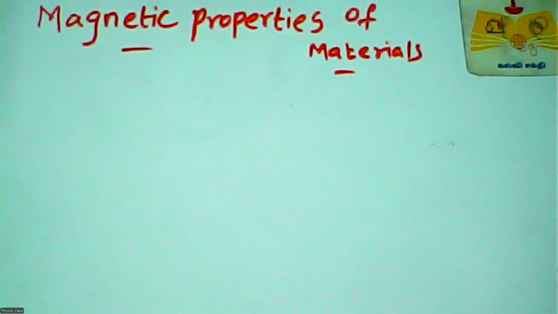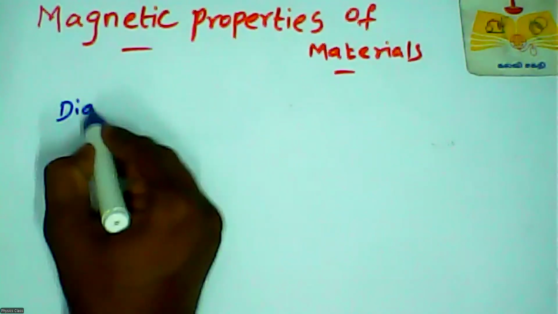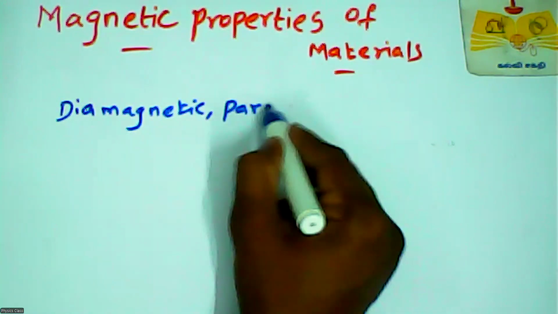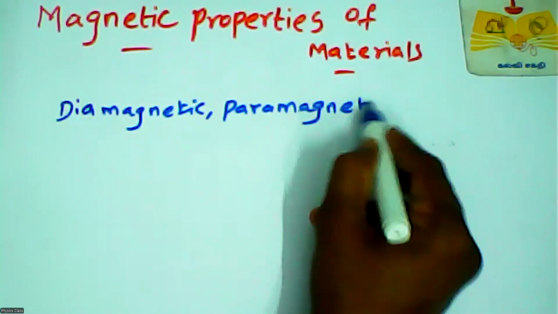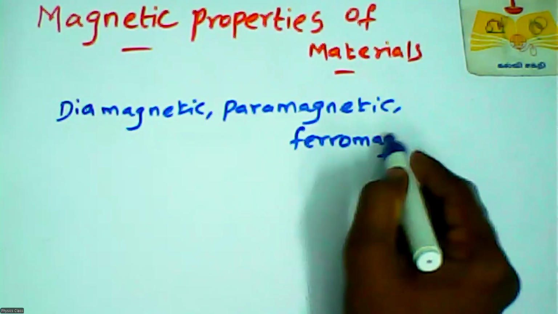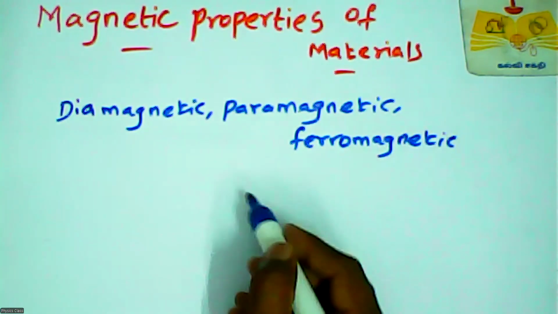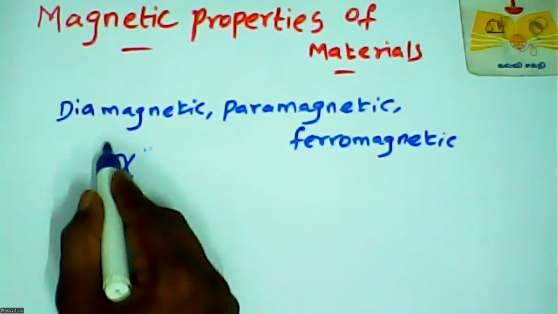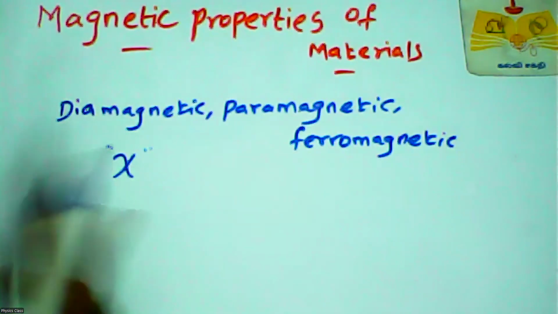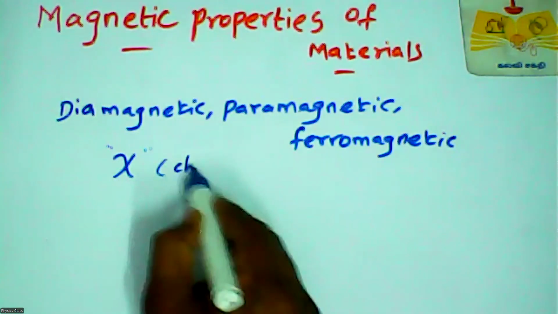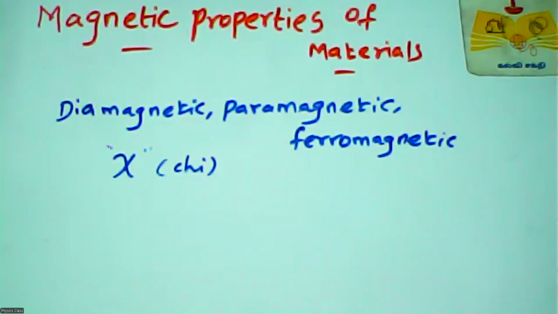All matter is categorized into three main types: diamagnetic, paramagnetic, and ferromagnetic, based primarily on the magnetic susceptibility, chi.